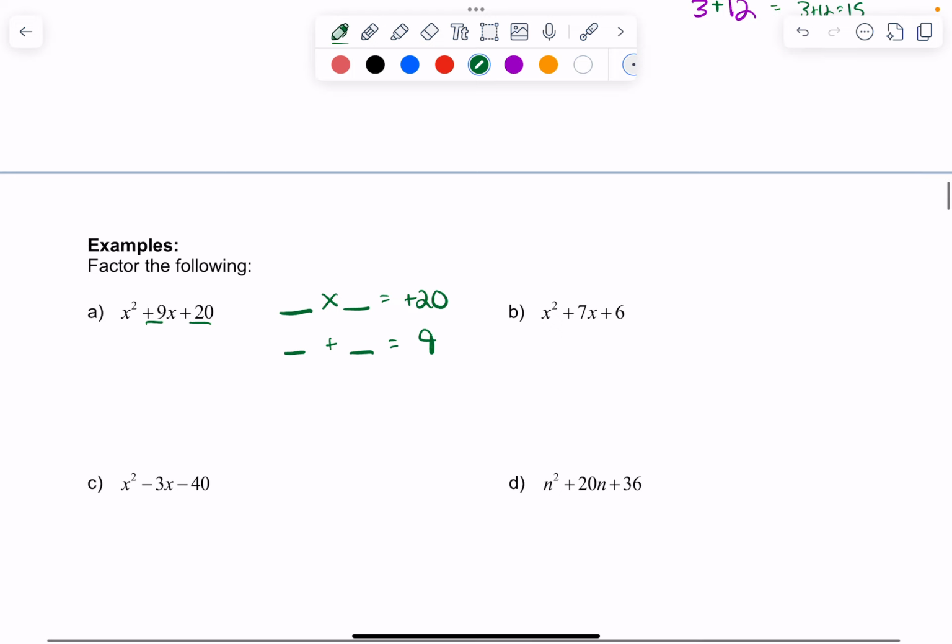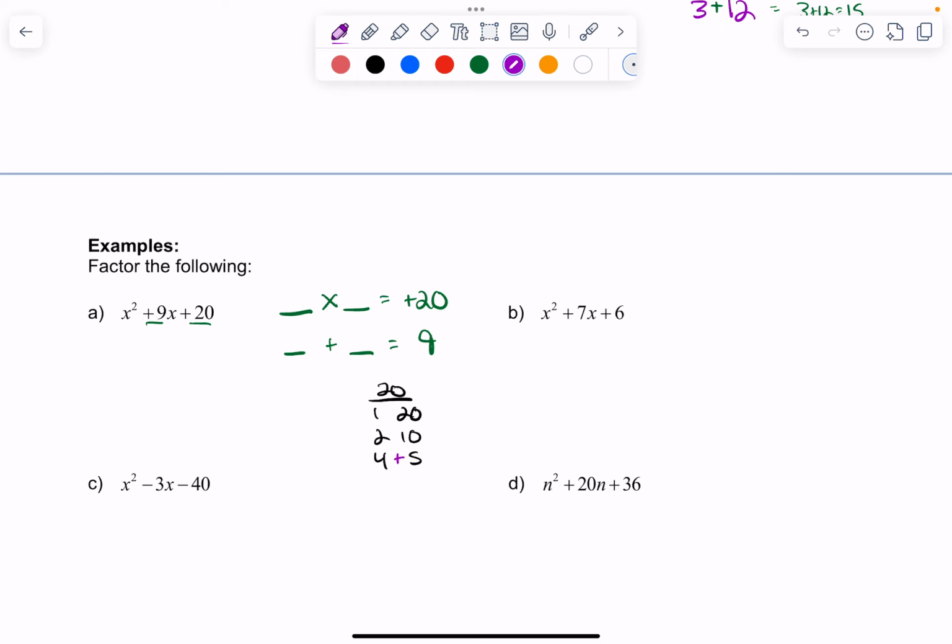So go through and think, what are my multiples of 20? And you just keep writing the combinations out until you get to one that, if you were to either add or subtract, would give you 9. So in this case, 4 plus 5. So that means 4 and 5 when multiplied would give you 20, and when 4 and 5 are added together, they give you 9.